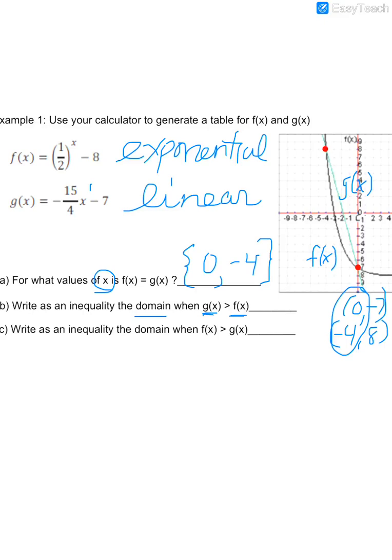So g of x, the line, is greater than the f of x. So you can write an inequality for when the line is higher than the exponential function. So green's above black, basically.